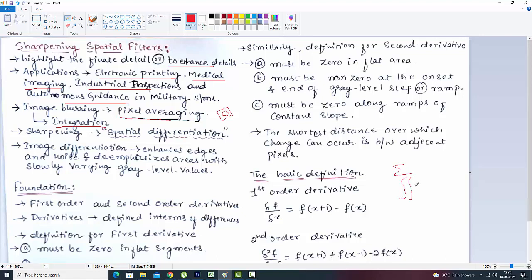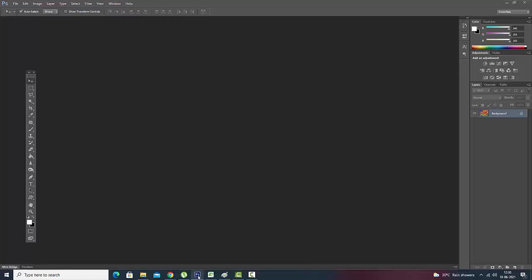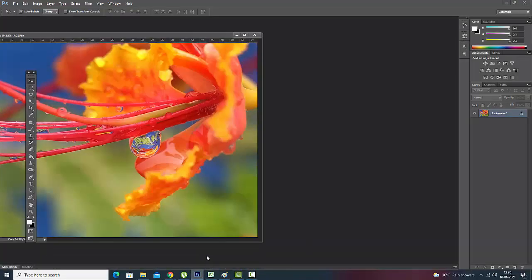But here we are using the derivative. Derivative means mainly subtraction, differentiation. Image differentiation is occurring, spatial differentiation we are applying here. Here mainly we are enhancing the edges. In the figure also we can see that the edges of that portion have been increased, okay.